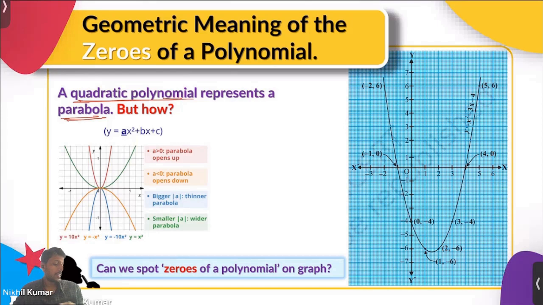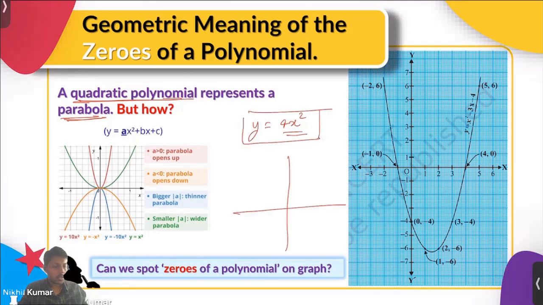You can, basically. So the very crude way of doing this would be to just plot the points. Let's say someone gives you an equation y equal to 4x squared. It's a quadratic equation because it's a quadratic polynomial, because the highest degree is 2. So you try plotting this on the graph paper, alright?